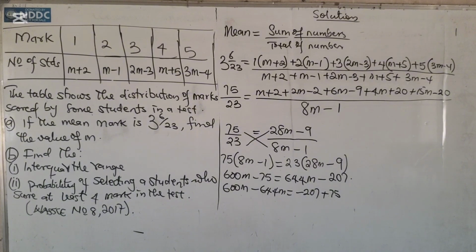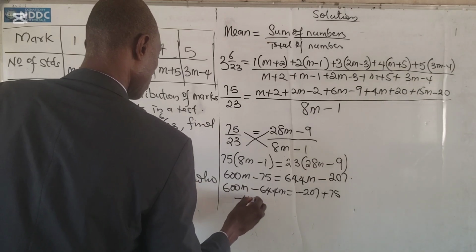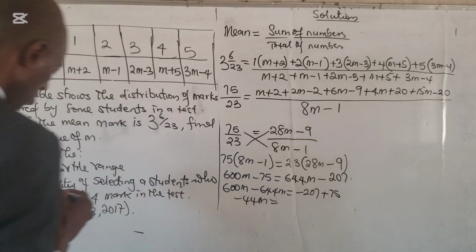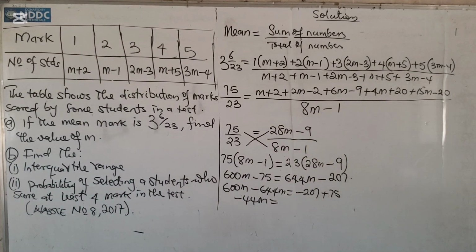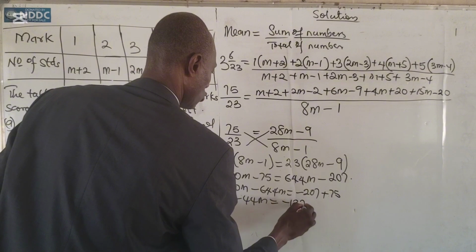What is 600m minus 644m? Gives us minus 44m. Now, what is minus 207 plus 75? Gives us minus 132.